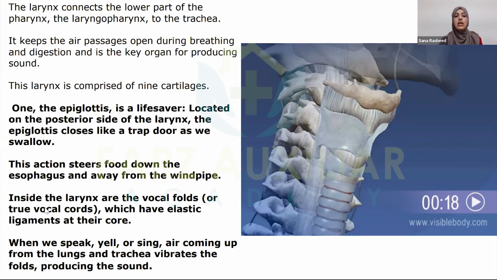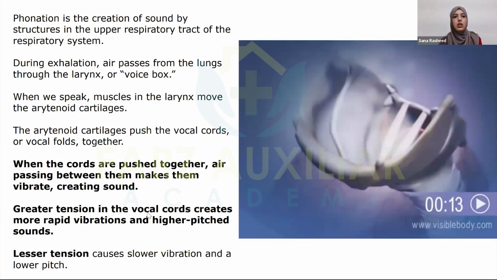Inside the larynx are the vocal cords, which have elastic ligaments at the core. When we speak, yell, or sing, the air coming from the lungs and the trachea vibrates the vocal folds, due to which the sound is produced. So this is a very basic thing: the larynx has vocal cords in it, which are responsible for sound production.